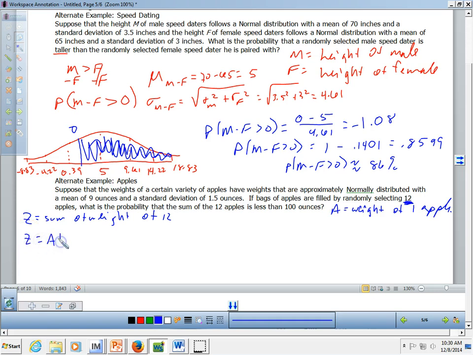Take the first apple, add the second apple, add the third apple, add the fourth apple, all the way down to the 12th apple, which is exactly what we're doing. But A plus A plus A plus A, 12 times, is not the same thing as 12 times A. Those are not the same. 12 times A means we're going to take the weight of the apples, the mean and standard deviation, and multiply it by a constant.